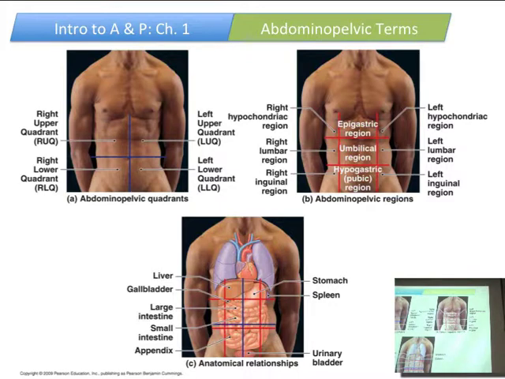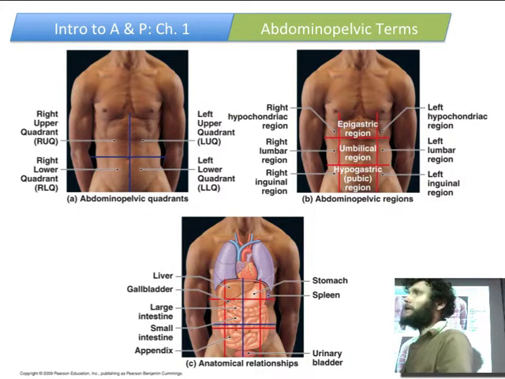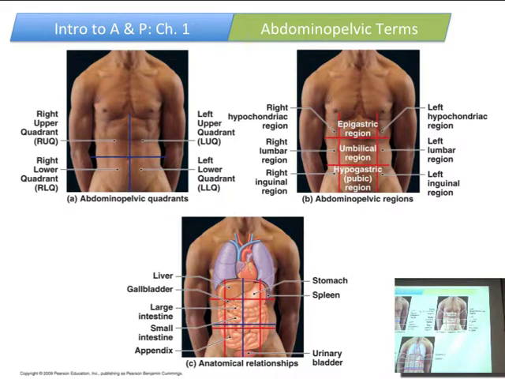It means cartilage. So, it's below the cartilage. In fact, it's below the cartilage of the ribs. So if you look on this guy here, you'll see there's a bunch of cartilage along the lower margin of the ribs. Hypochondriac.